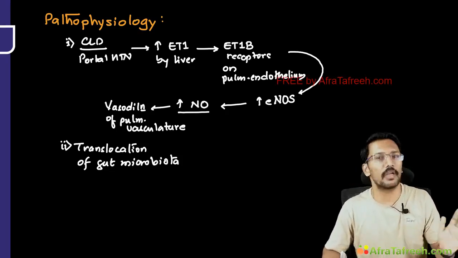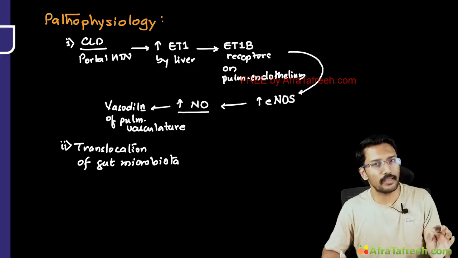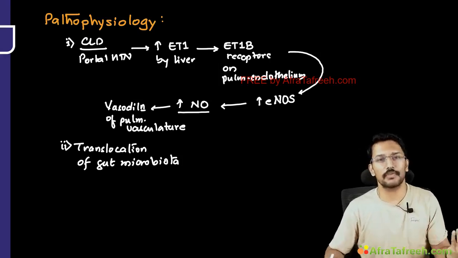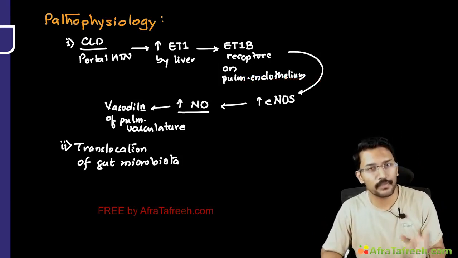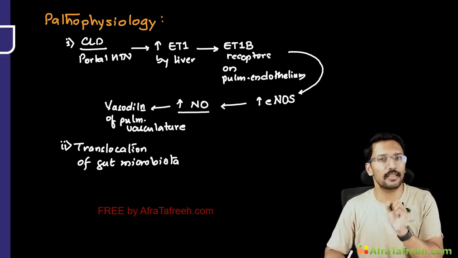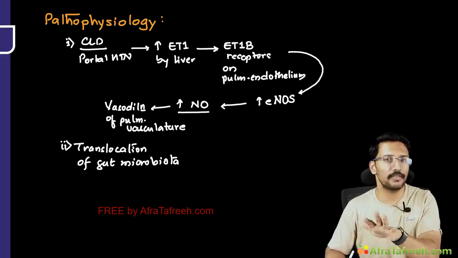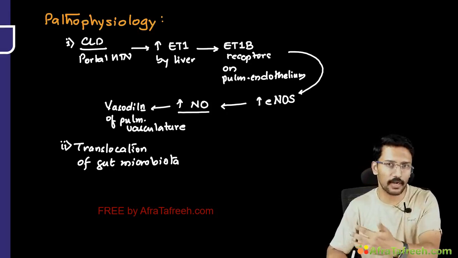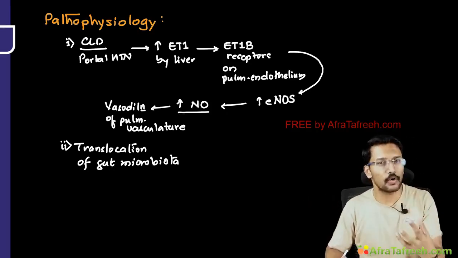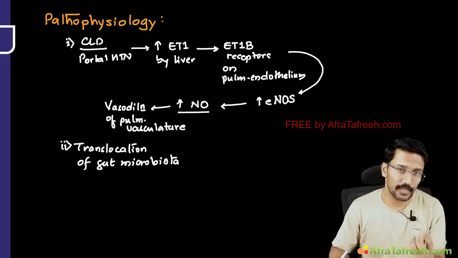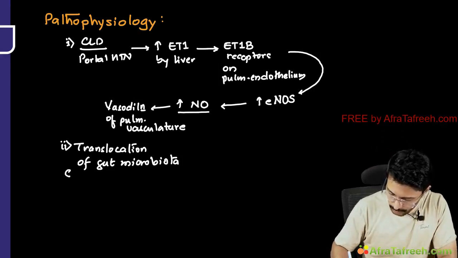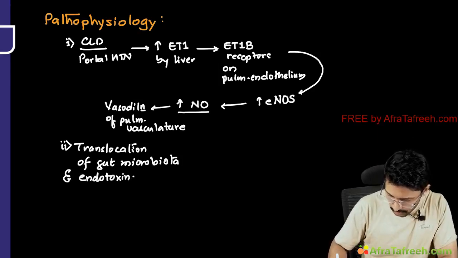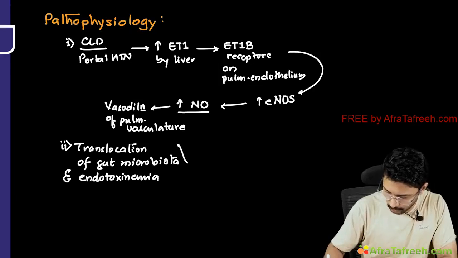So there is bacteremia, in other words, and these bacteria can get concentrated in the lungs, because when bacteria enter the systemic circulation, obviously they reach the right side of the heart. From the right side of the heart, their natural next destination is the lungs, right? And then eventually they will reach the left side of the heart and other parts of the body, but the lungs obviously get flooded with this circulating bacteria and also endotoxins produced by these bacteria. So there is translocation of gut microbiota and endotoxinemia, and the lungs come in the line of fire.